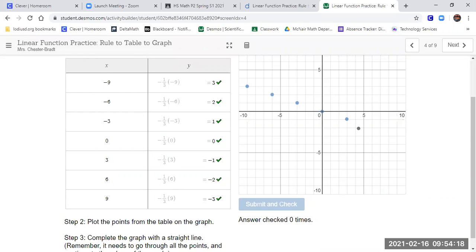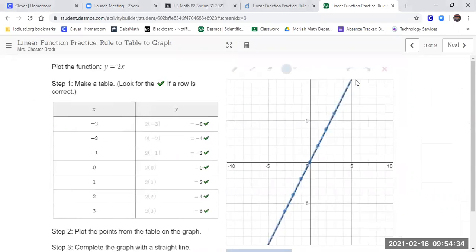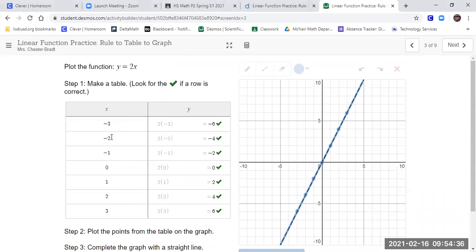Now, what did we notice about the kinds of x's they chose to use? What makes these x's a little more special than the other x's that we used? So let's go back and look for a second. On this one, I just did 3, 2, 1, 0, 1, 2, 3.